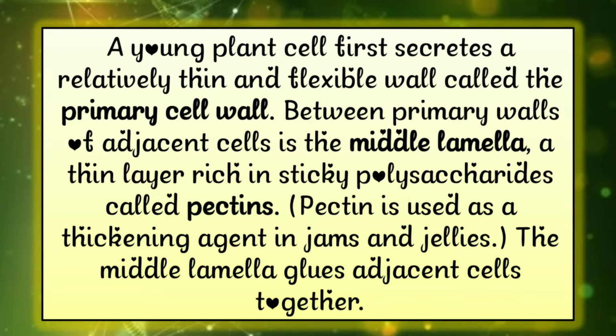Between the primary cell walls of adjacent cells is the middle lamella, a thin layer rich in sticky polysaccharides called pectins. Pectin is used as a thickening agent in jams and jellies. The middle lamella glues adjacent cells together.